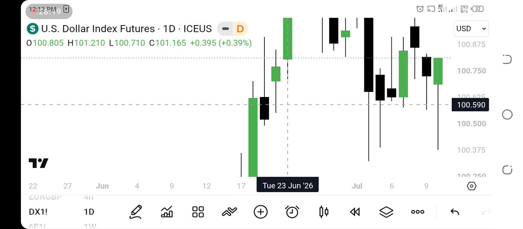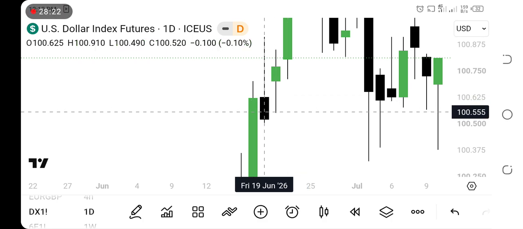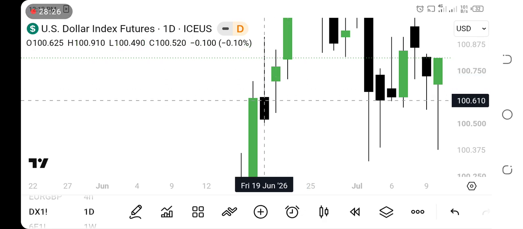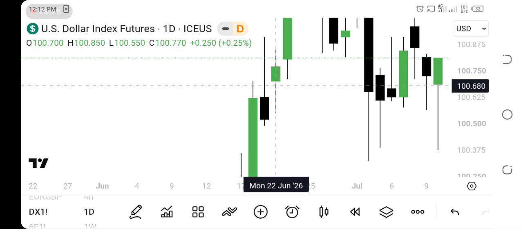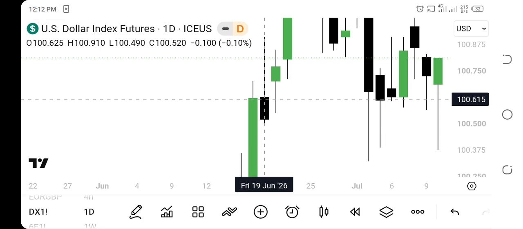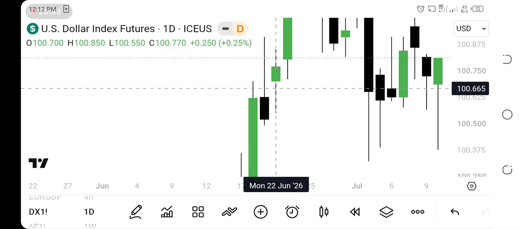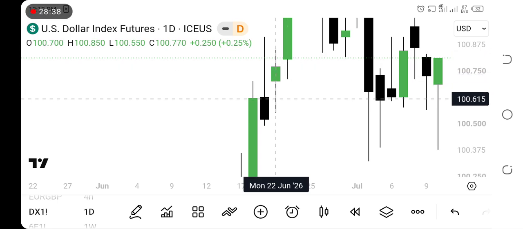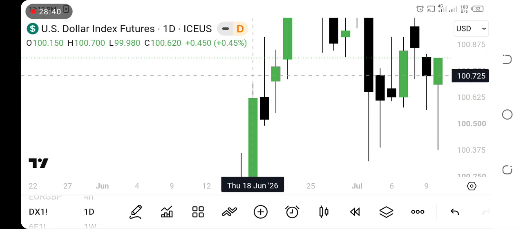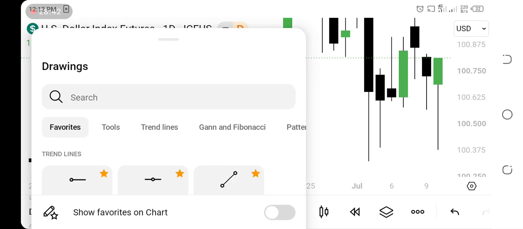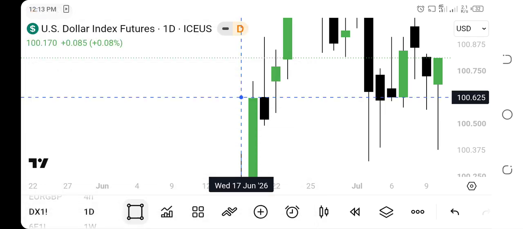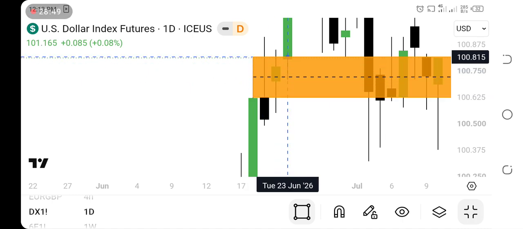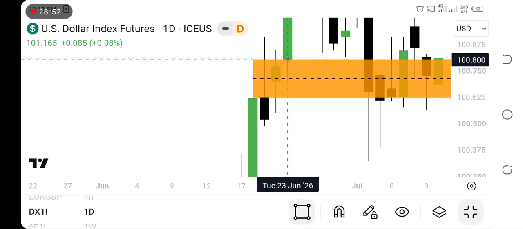Can you see from the 19th of June down to the 23rd of June? From the 19th of June to the 22nd of June we have a volume imbalance. Then from the 22nd of June to the 23rd of June we have another volume imbalance. It does not have to have a fair value gap within it. You understand? But that space is called a suspension block.